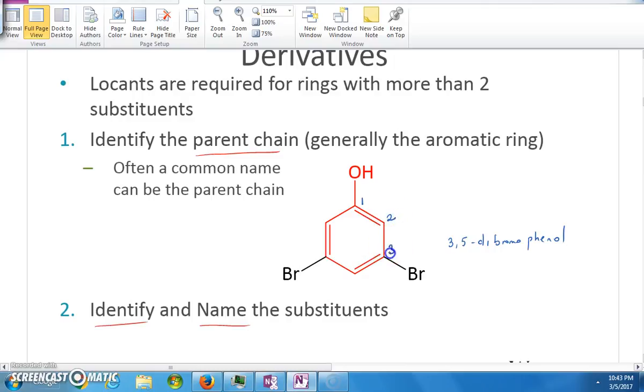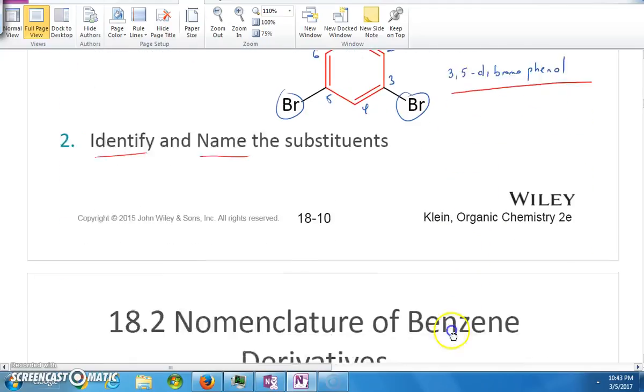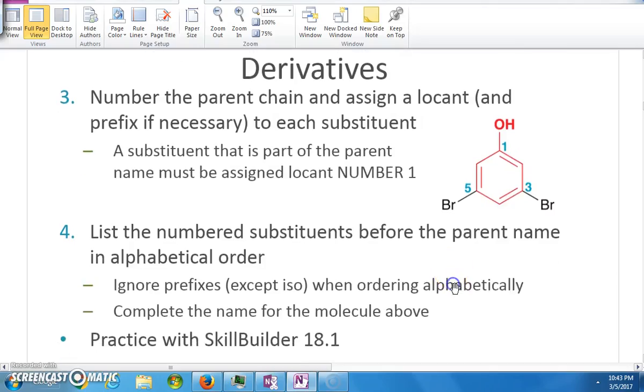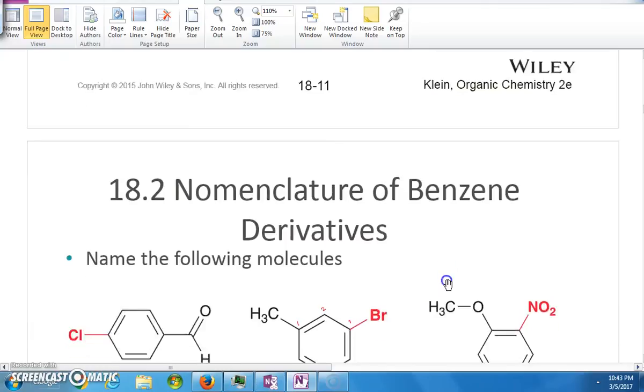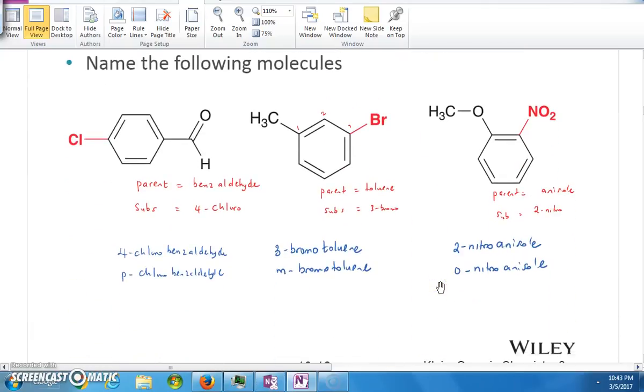Then you have carbon 2, carbon 3, carbon 4, carbon 5, and carbon 6. And you can see that the bromines are at the 3 and the 5 position. So as a result, the name becomes 3,5-dibromophenol. Okay, that's basically how you do it.